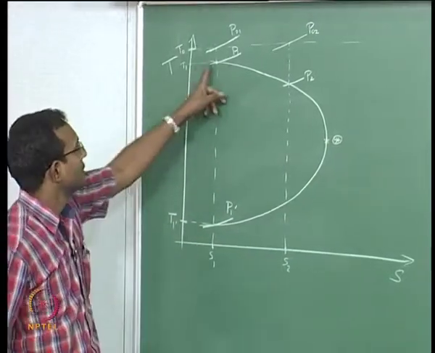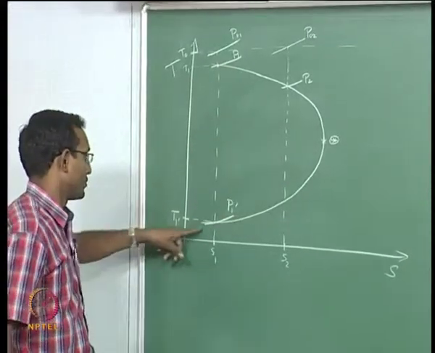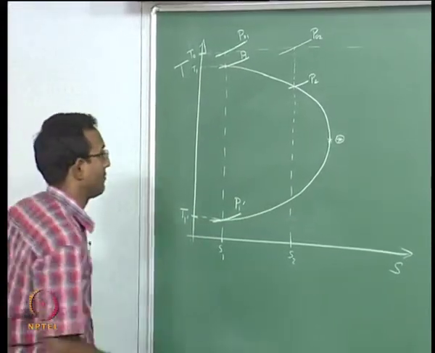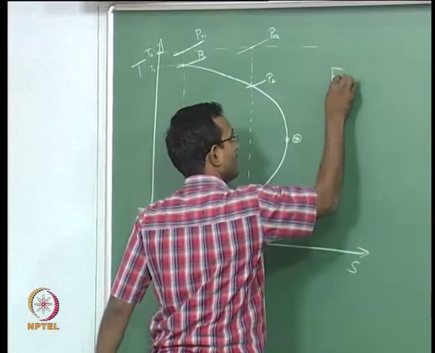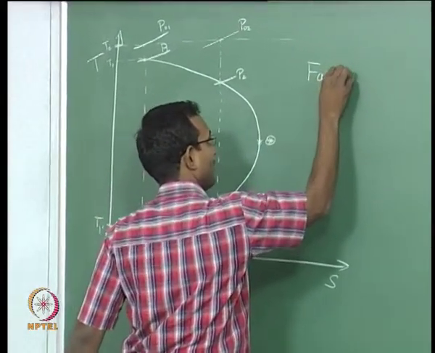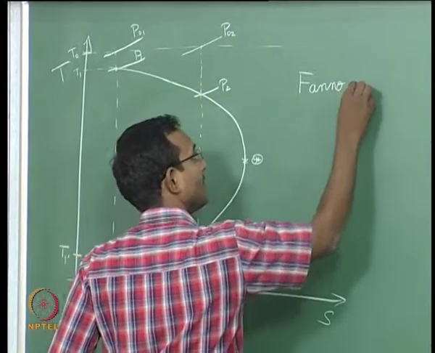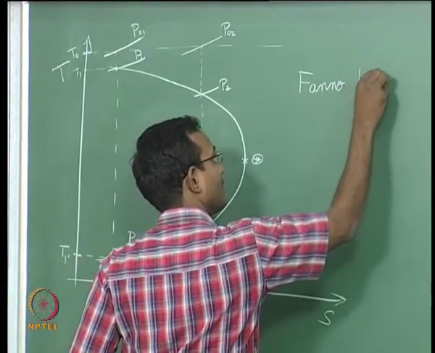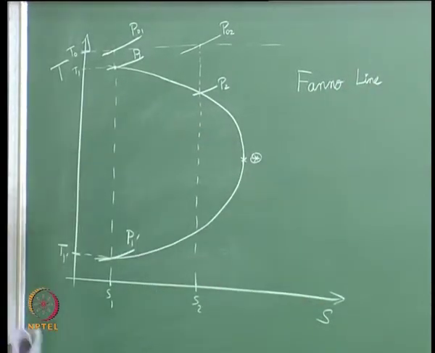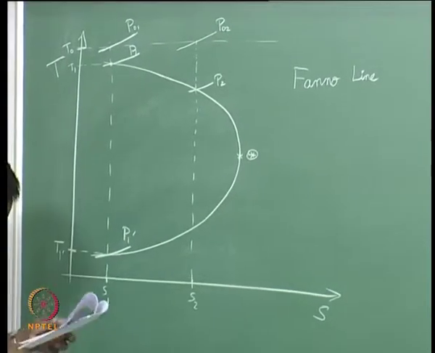This particular shape is what is called a Fano line. Okay, Fano line, based on the person who talked about it in his analysis, the Italian engineer called Fano.